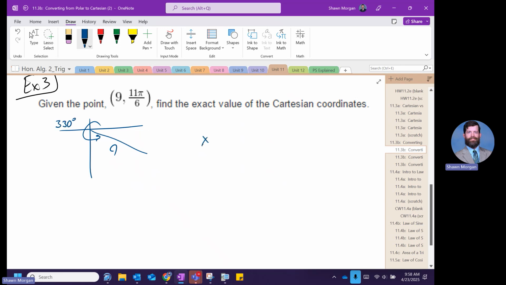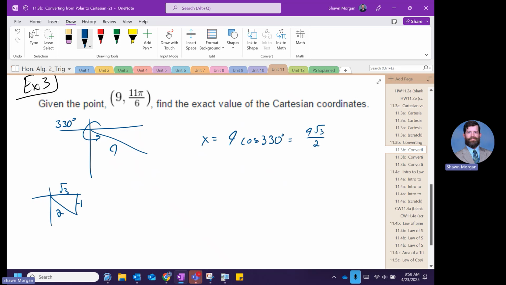So x is going to be 9 times the cosine of 330. Now let me think about 330. That's going to be negative 1, 2, and radical 3. So cosine is radical 3 over 2, and x is 9 radical 3 over 2. This goes to Mario's question, the last one.